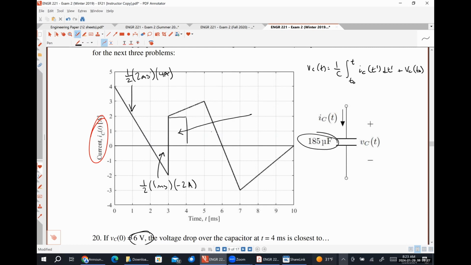This area right here is just a rectangle, so that's going to be 1 millisecond times 2 amps. And then I have this triangle right here. That's going to be 1/2, 1 millisecond, and the change there looks to be 1/2 a milliamp. Add those areas up, multiply by 1 over C, add 6 volts, done.